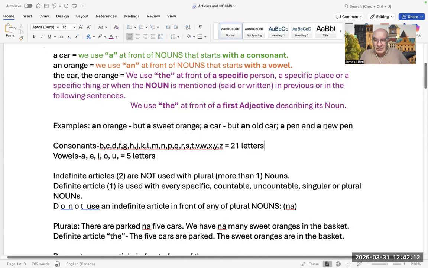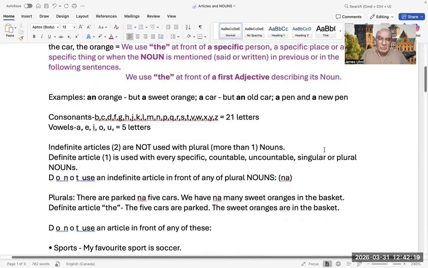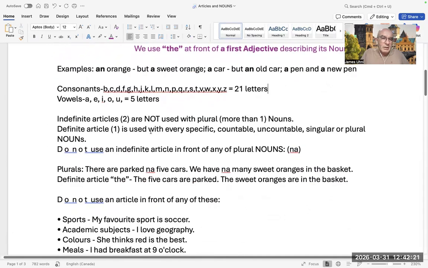New starts with N, which is also a consonant. Therefore, we use article a. Now, as a reminder, consonants are B, C, D, F, G, H, J, K, L, M, N, P, Q, R, S, T, V, W, X, Y, Z. That is 21 letters, while vowels are only 5, and they are A, E, I, O, U.